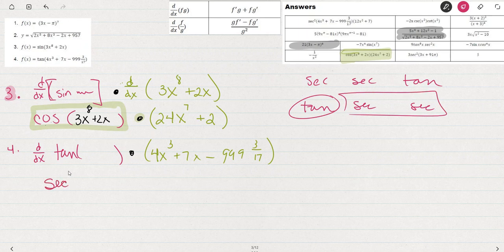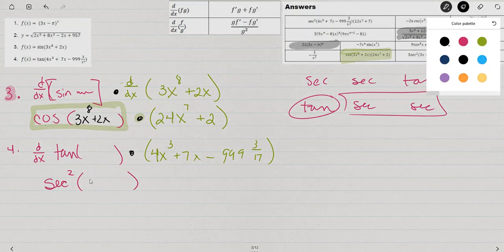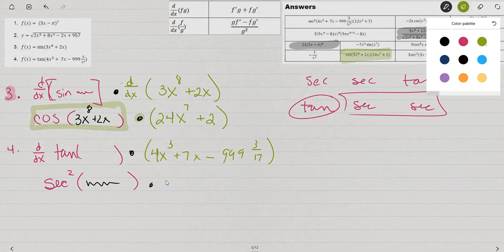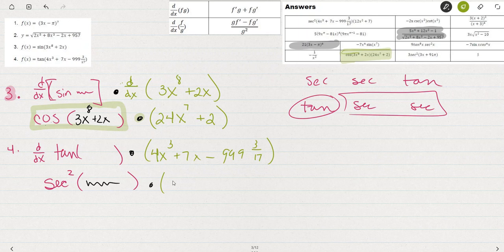So we're going to have secant squared of this 4x cubed plus 7x minus 999. And then I'm going to multiply that times the derivative of 4x cubed, 12x squared, plus 7. This big frightening thing is just going to be a 0, right? Because the derivative of any constant is 0.